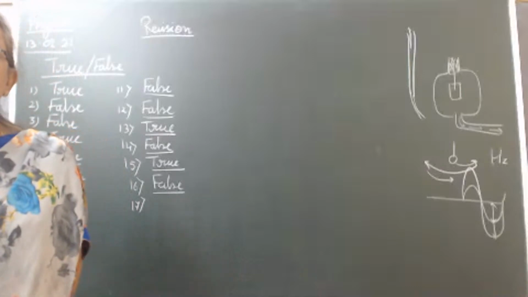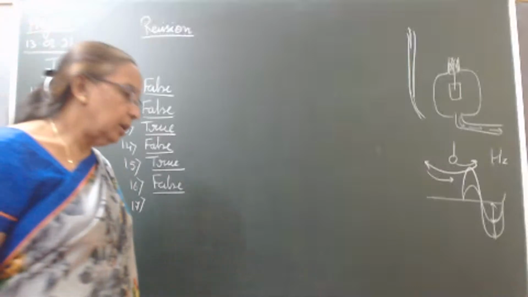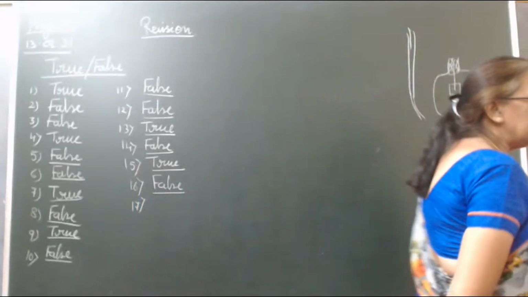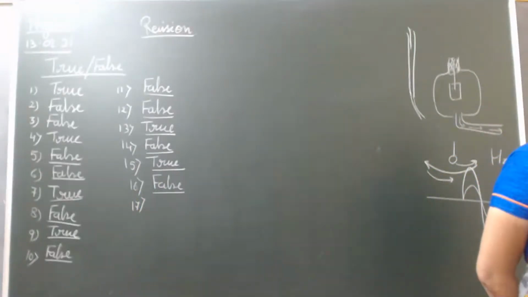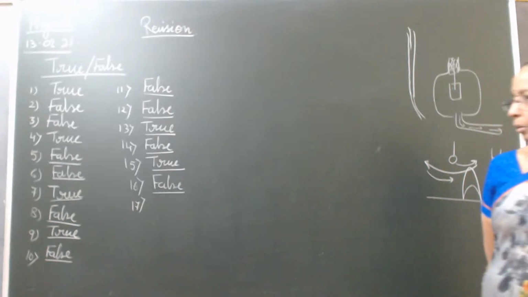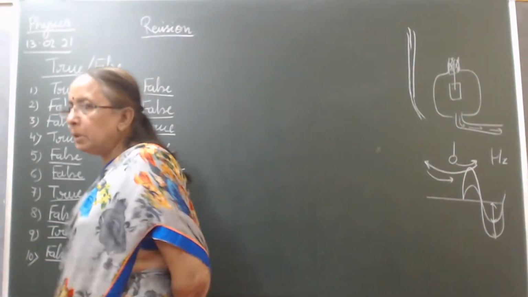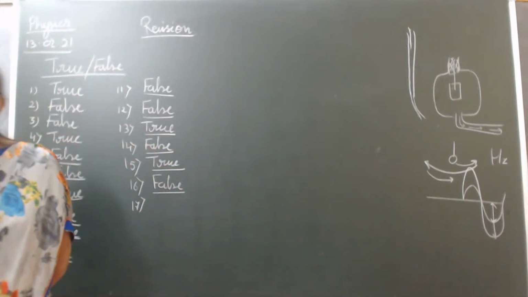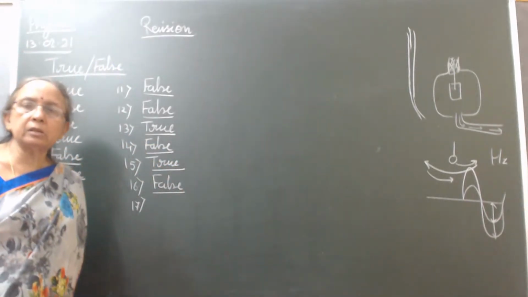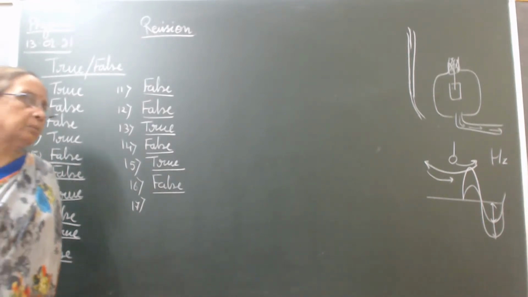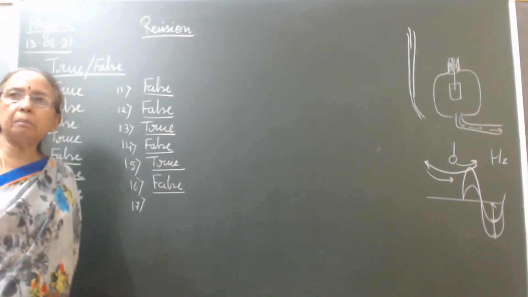So the International Astronomical Union, IAU, decided to discard Pluto because it is not fulfilling the requirements of a planet. So in 2006 it was removed, and now our solar system has 8 planets.